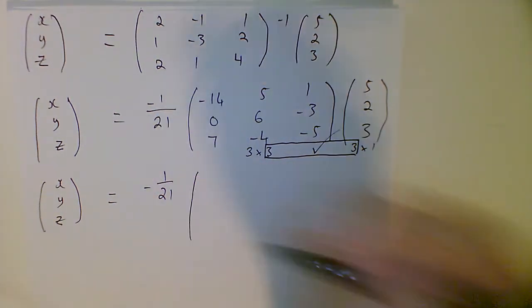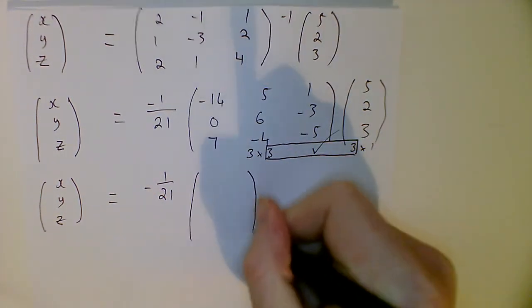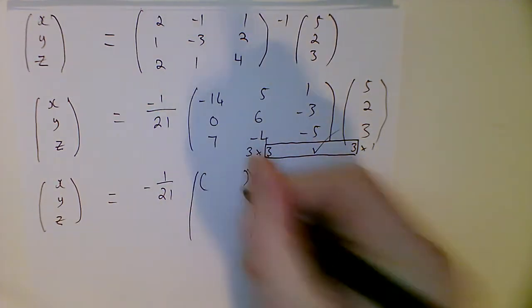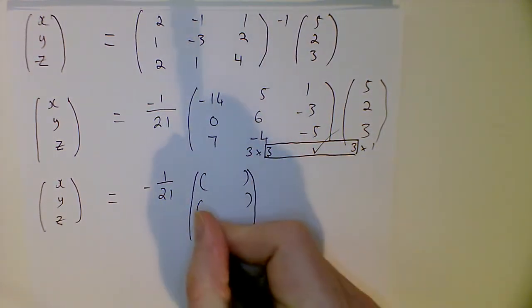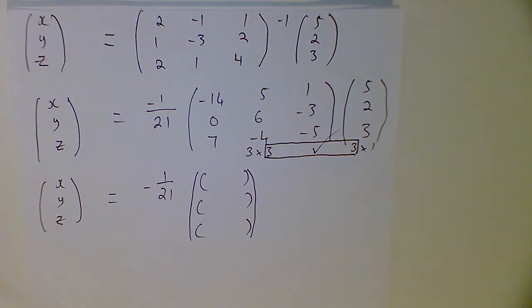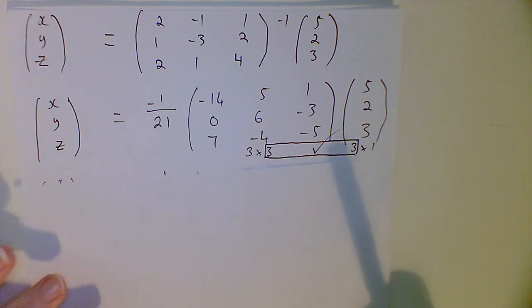So I know I'm going to get one big long column matrix that looks like that. Hopefully I've left enough room. Maybe not. So, in fact I definitely haven't. Let me just change that, right.